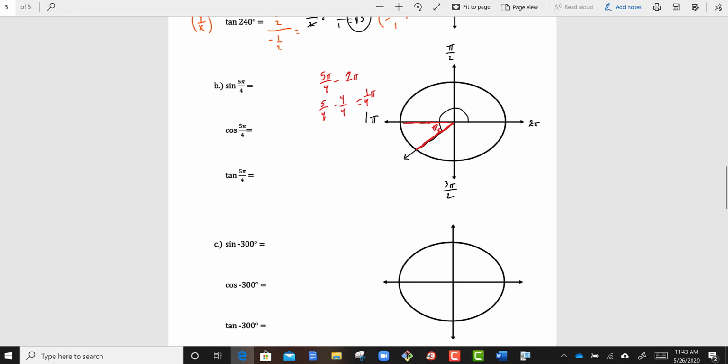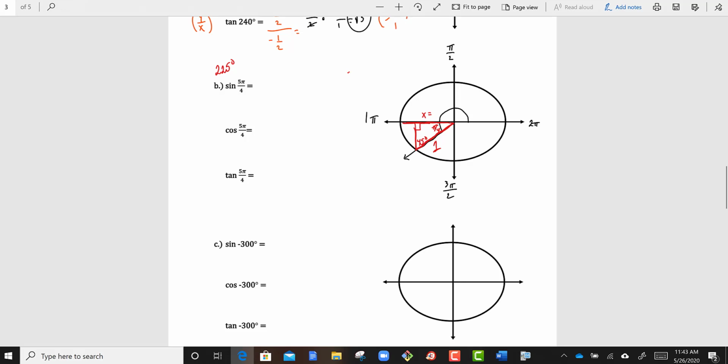At this point, you really can convert these to degrees if it's easier. The radians aren't going to affect any of this work. So you could have converted 5 pi over 4 to degrees right off the bat. This is the same thing as 225 degrees, which means this is a 45, 45, 90 degree triangle. Hypotenuse is 1.